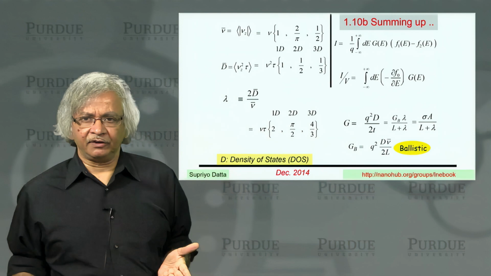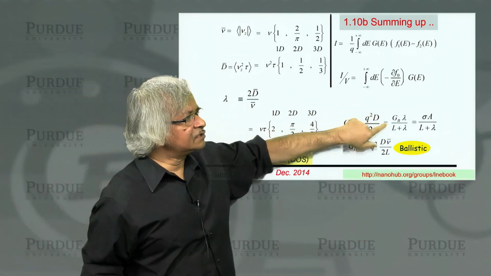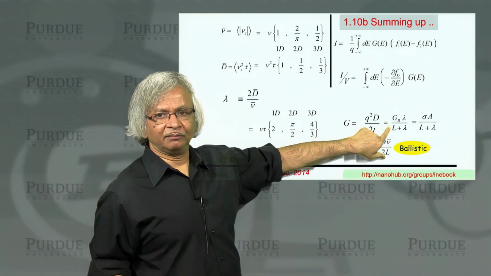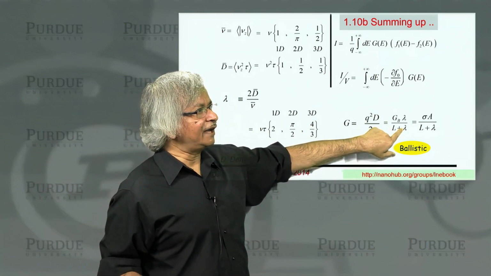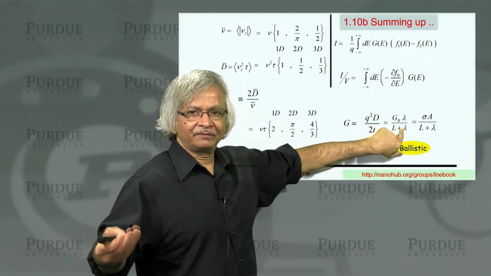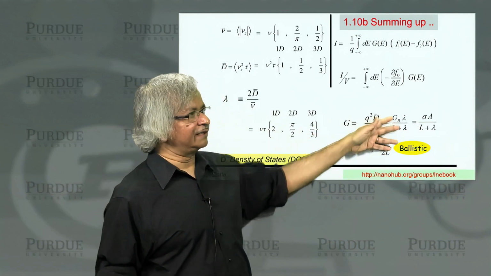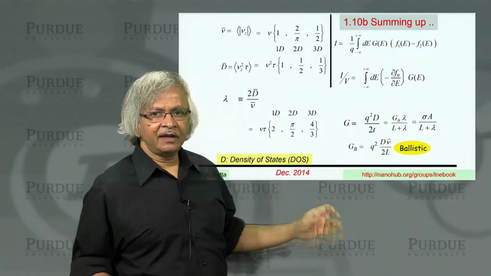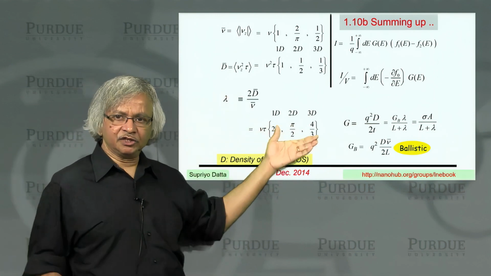V tau is your mean free path. Well, if you did that, then these equations would look a little more complicated. It would be L plus some geometrical factor times lambda, which would depend on the dimensions. But the way we have done it, this is a general expression, and then you redefine your mean free path depending on the geometry. Okay?